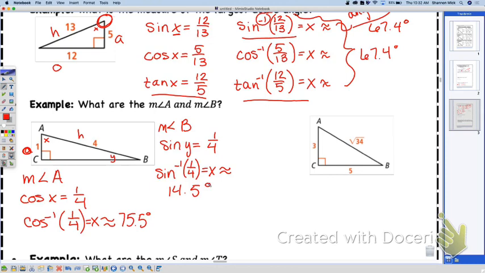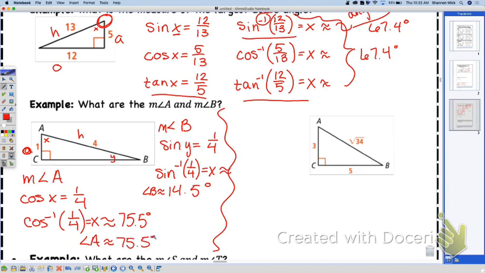Yeah, that's what I got. So angle B is approximately 14.5, and angle A is approximately 75.5.